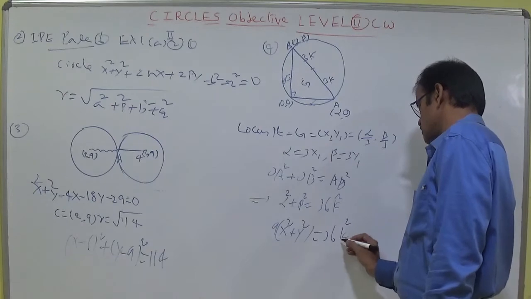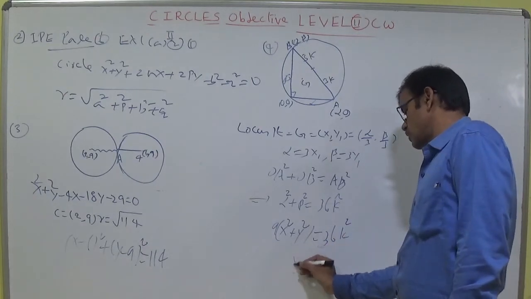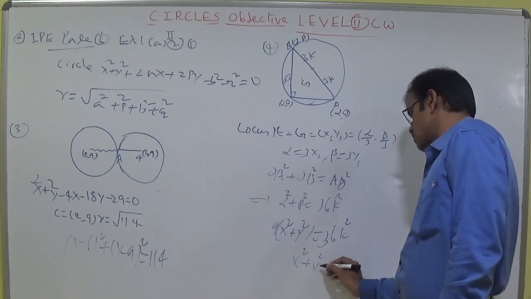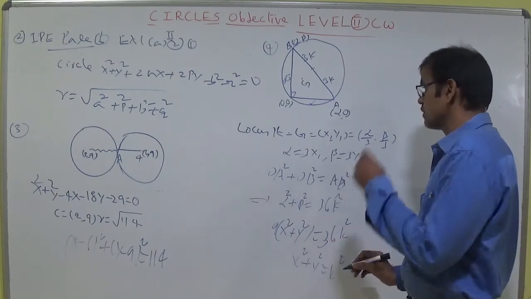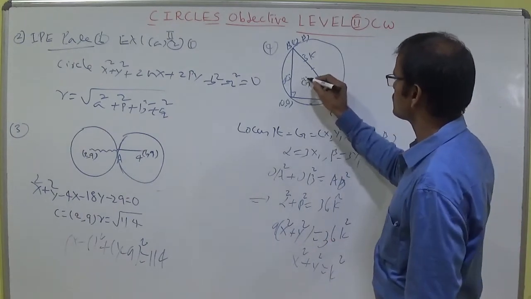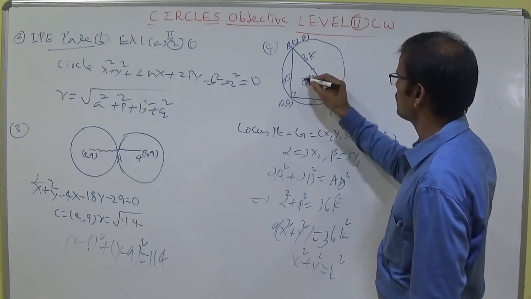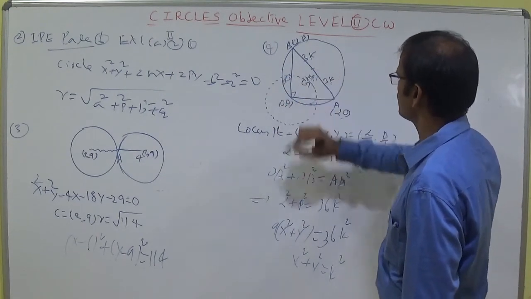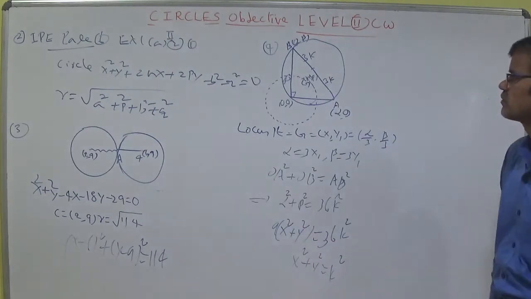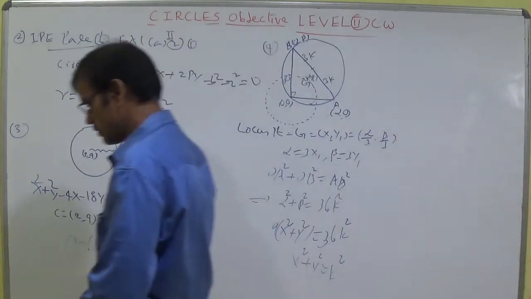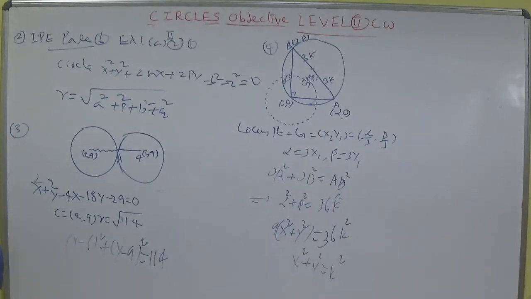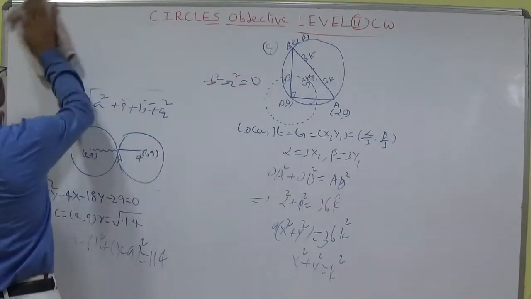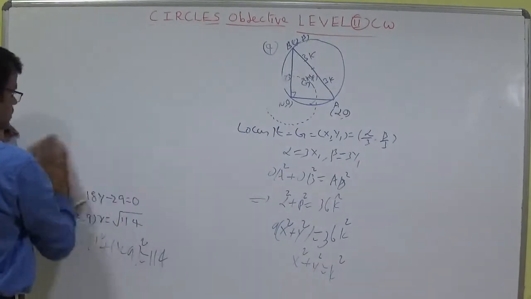So that is 36k square. So here you can write the locus is x square plus y square is equal to 4k square. So this centroid, this is x1 comma y1, this locus is the circle having center 0, 0 and radius is 2k. This is the locus of the centroid. Fifth question.